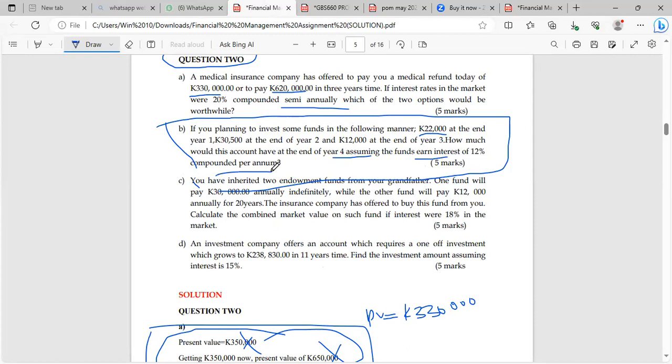We're going to find the future value. So you're going to say year 1, 2, 3, 4.